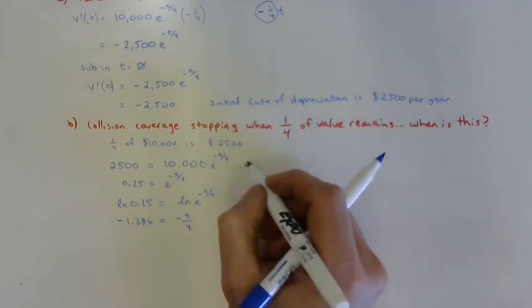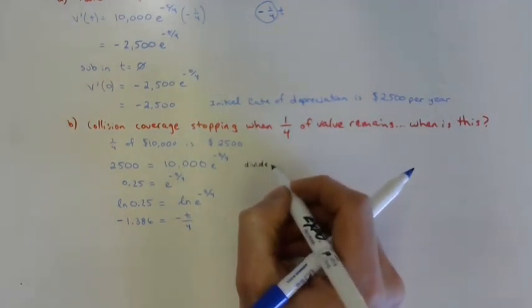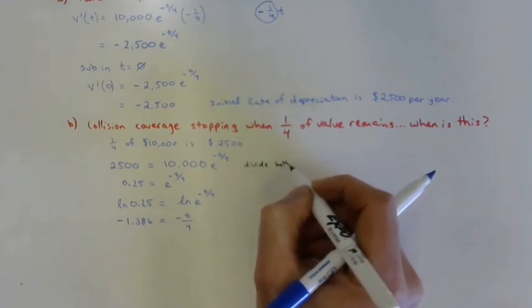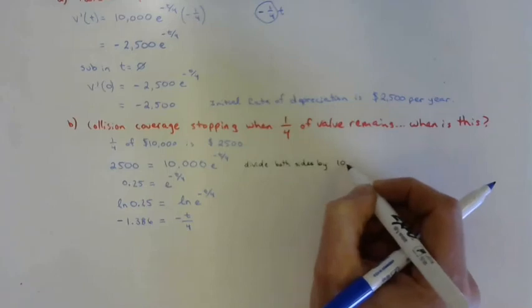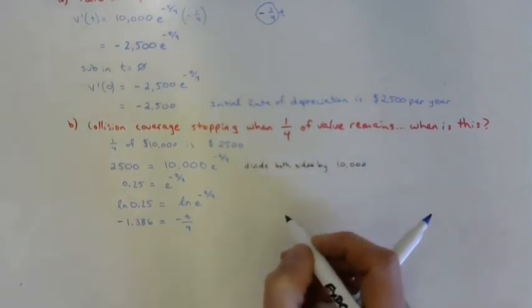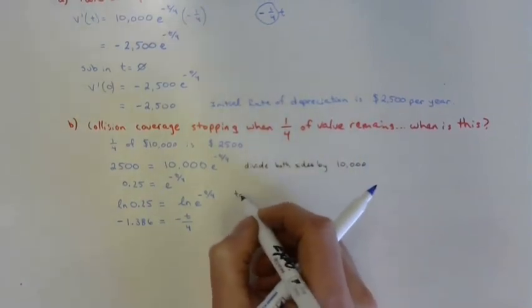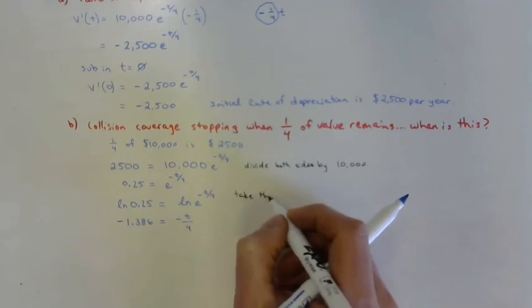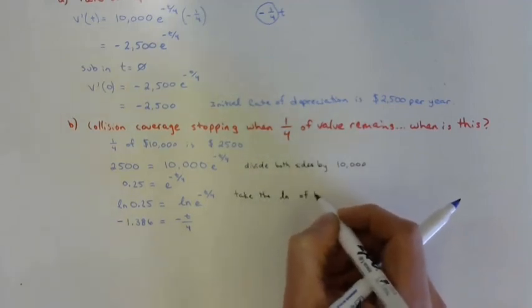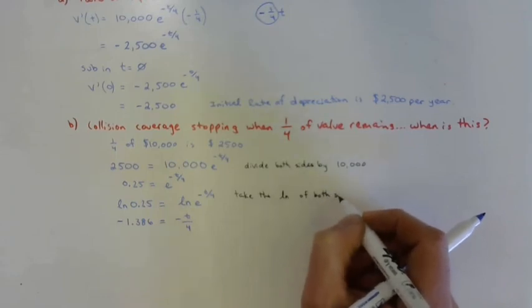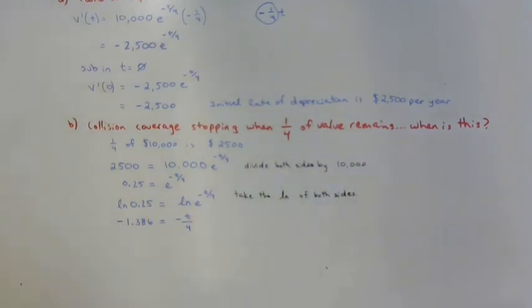Step 1 is divide both sides by 10,000. That's easy. And then over here is take the natural log, the ln, of both sides. You're going to want to remember that trick.